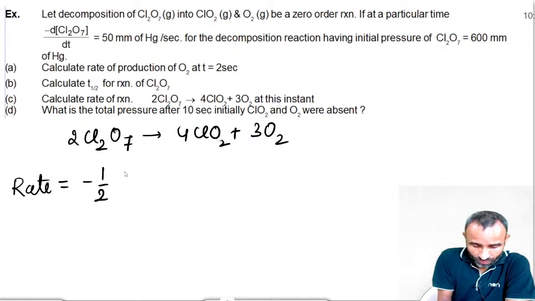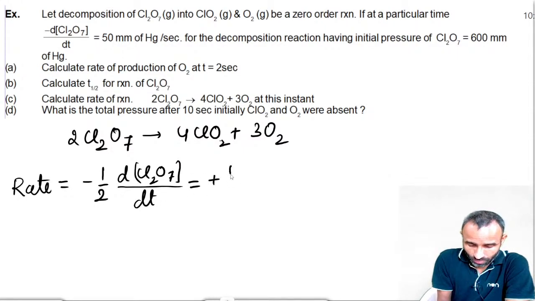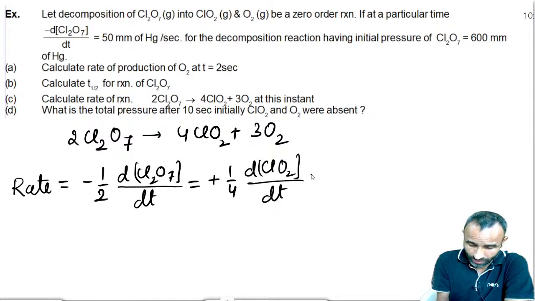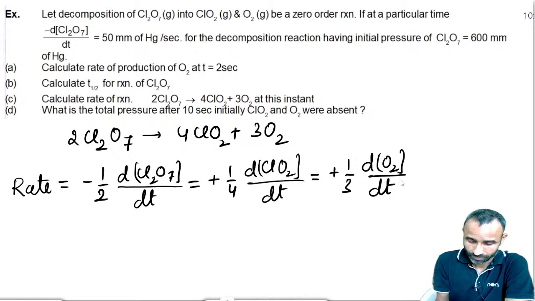Minus half d[Cl2O7]/dt is equal to plus 1 by 4 d[ClO2]/dt, which is plus 1 by 3 d[O2]/dt.